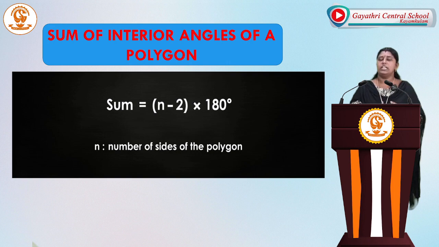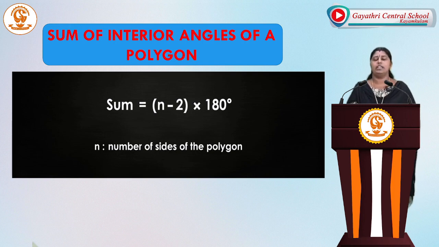The sum of interior angles of a polygon with n sides. If there are n sides, then what will be the sum of interior angles? n minus 2 into 180.